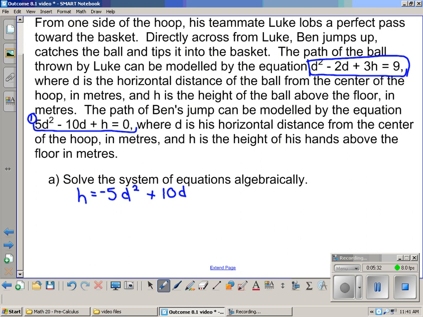So substituting it into equation number 2, I end up with d squared minus 2d plus 3. Now instead of h, I have minus 5d squared plus 10d, and then I have equals 9.